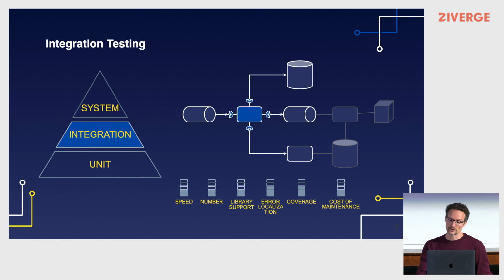During integration testing, we try to verify that the components work together when they are put together in the system, and that they are able to communicate with external elements.